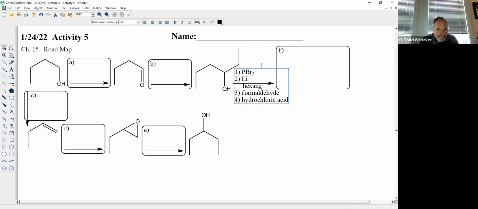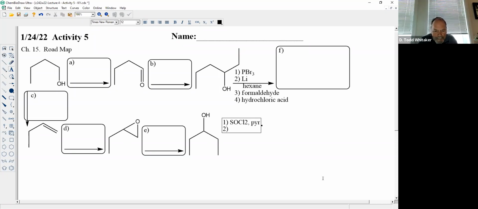Change this up. Let's start from scratch. We're going to go with SOCl2, pyridine. That is an acceptable short form for pyridine. You can use it on tests without asking.